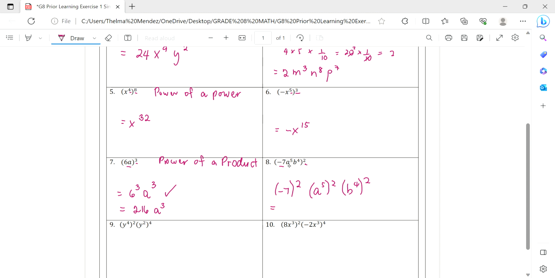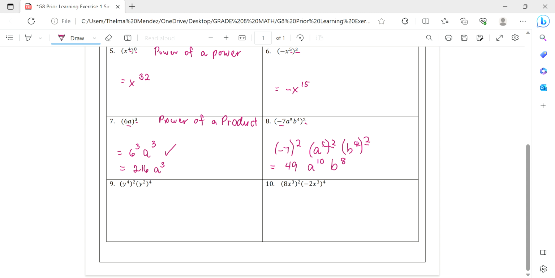So negative 7 times negative 7, or negative 7 squared, is 49. And then a, we multiply this, it becomes power of a power, so raised to 10, and then b, power raised to a power, we multiply 4 times 2, 8.